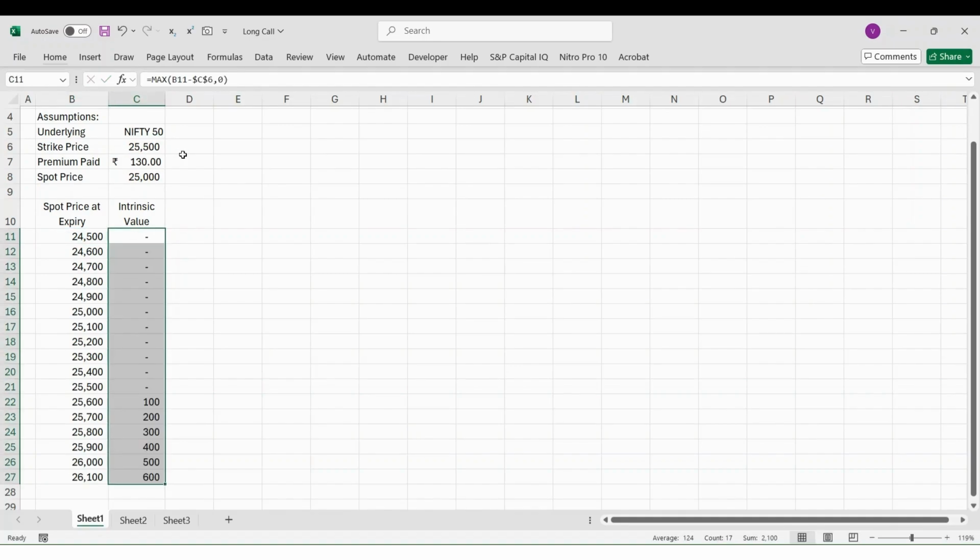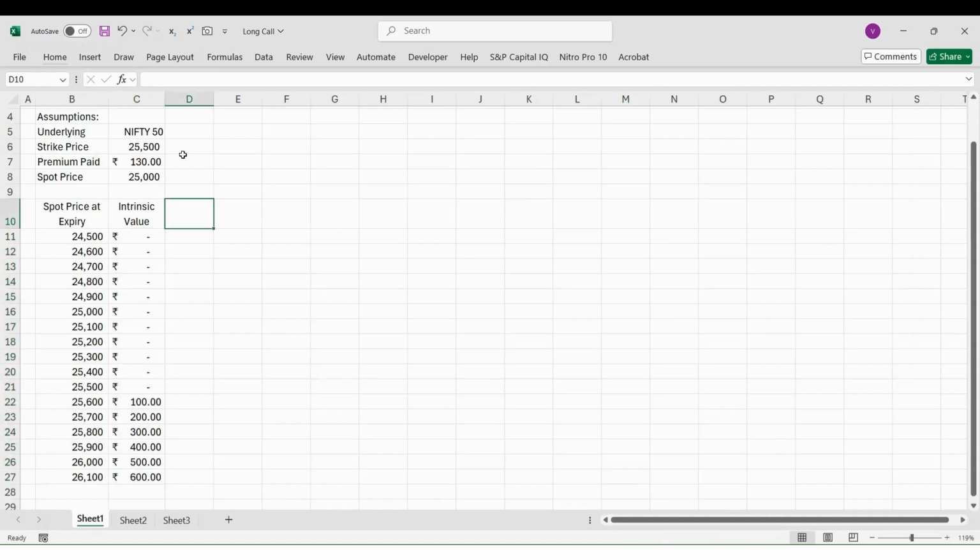You will notice if the Nifty goes below my strike price, I don't make any intrinsic value. But as the Nifty crosses the strike, this is my strike, as the Nifty crosses the strike, I make 100, 200, 300 rupees of profit. But in order to get this profit, I had to make a premium payment. So that is my next column.